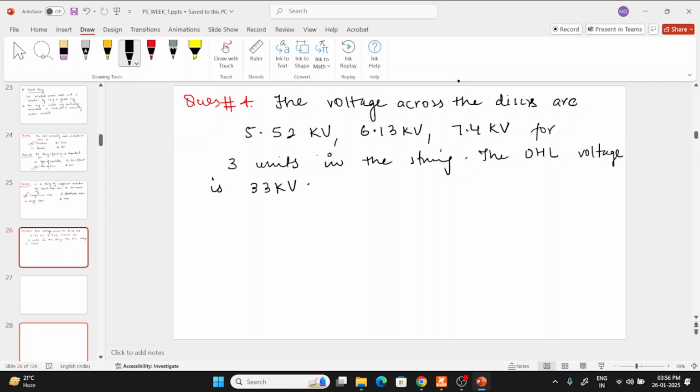Okay. So now you have to tell me first, पहला बताओ, voltage across string is? Okay, इसका आप कैलकुलेशन करके मुझे बताओ क्या है. You have to write the answer in the chat box.